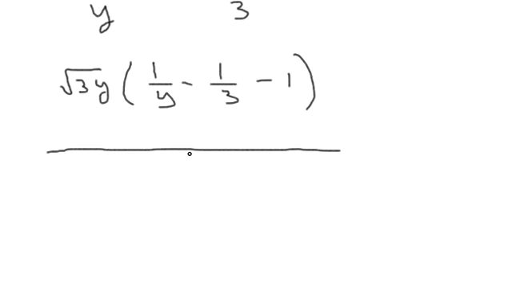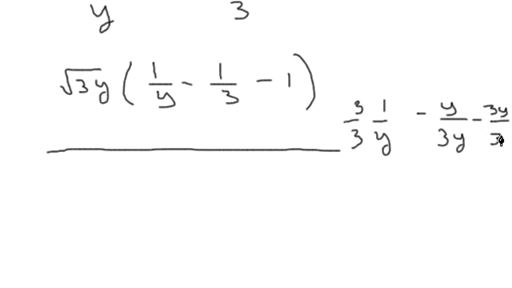If you forgot how to do that, get a common denominator, which is going to be 3 over 3 minus y over 3y, then minus 3y over 3y, and so we have 3 minus y minus 3y.